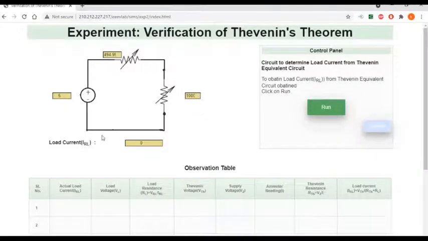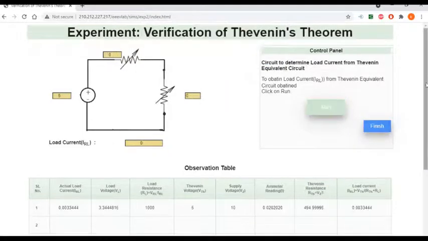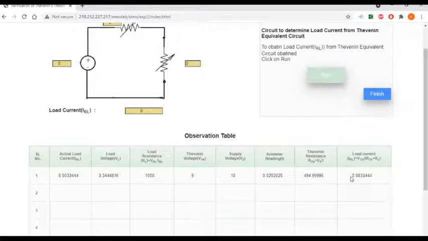Next, you need to make it your equivalent circuit. This is your equivalent circuit. The Thevenin's voltage is 5 volts, and the equivalent resistance is 494.9, and the load resistance is 1 kilo ohm. Now if you run it, you get a final result of 3.3 milliampere.